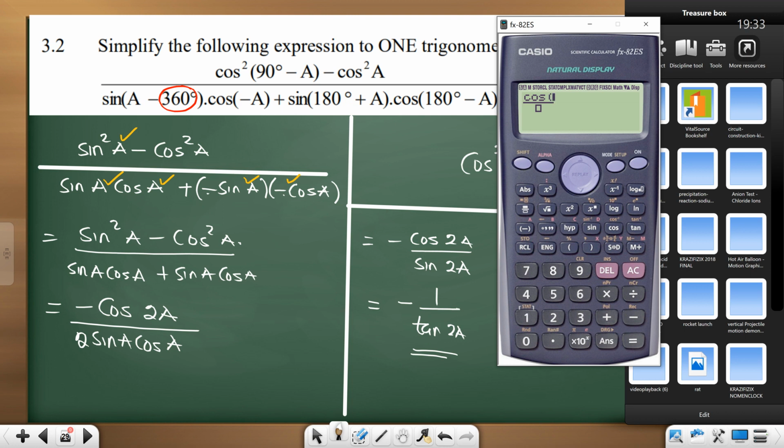Please type it quickly. I want to just check something. Okay, let's use 1. Cos squared 90 minus 1 is what? 89. So cos 89 squared minus... This answer is actually 0.